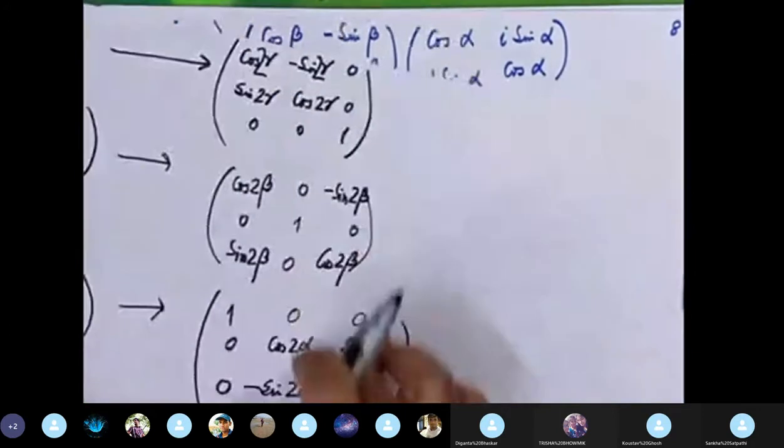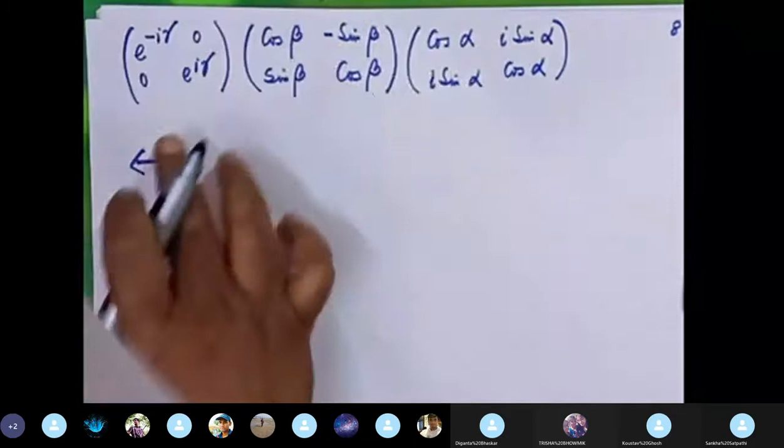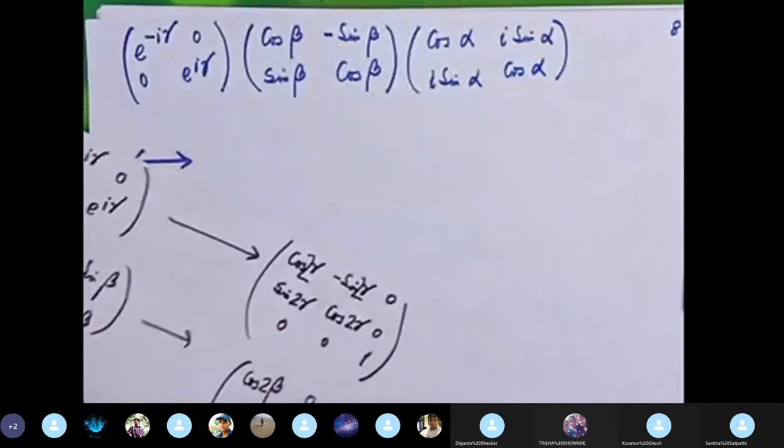For this product of these 3, this is mapped into this by the homomorphism.